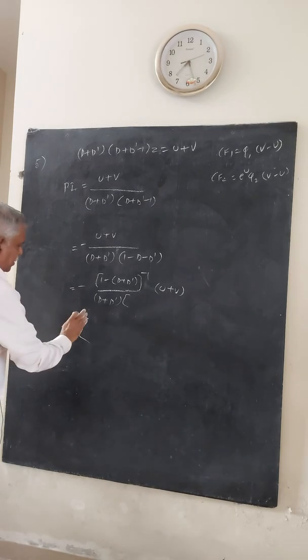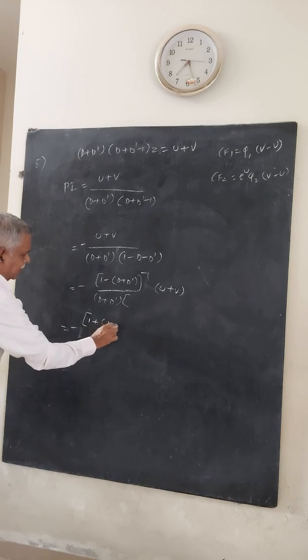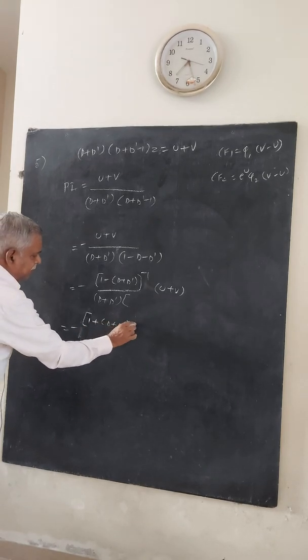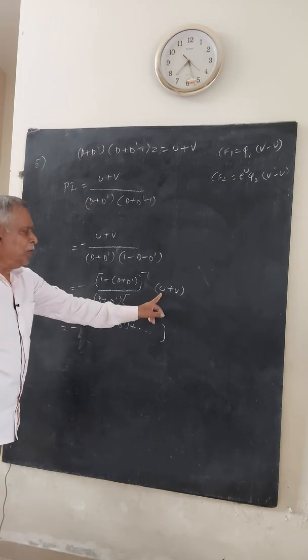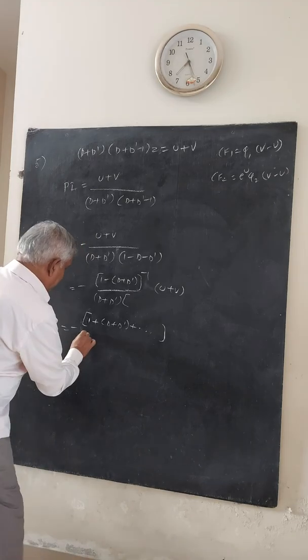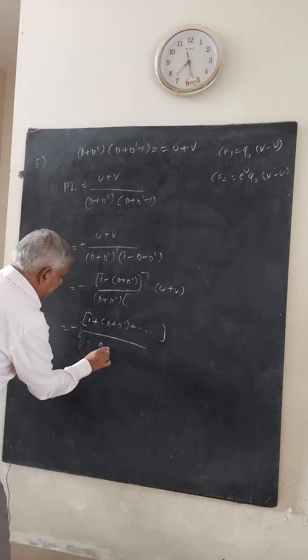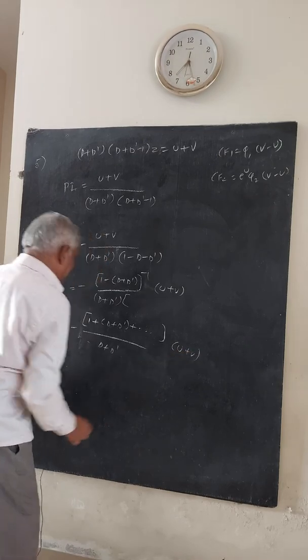Using binomial expansion in the numerator, 1 plus D dash, second square not necessary. These u and v are powers of 1, divided by D plus D dash of u plus v.